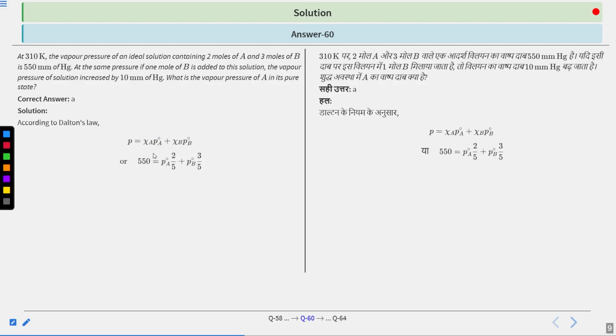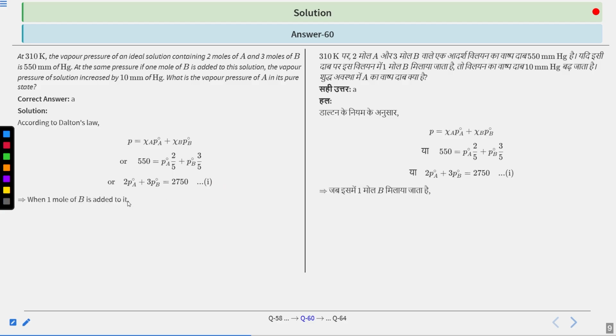Now putting the values, the total pressure is 550. Chi A is 2 by 5 for the first situation, where 2 moles of A and 3 moles of B are present. For B, it will be 3 by 5. This gives the equation 2 PA naught plus 3 PB naught equals 2750, and this is equation number 1.